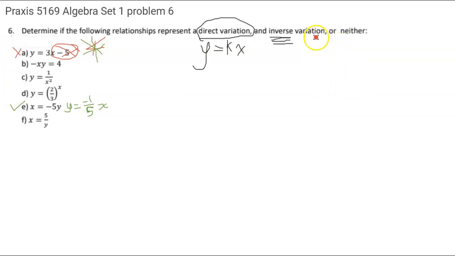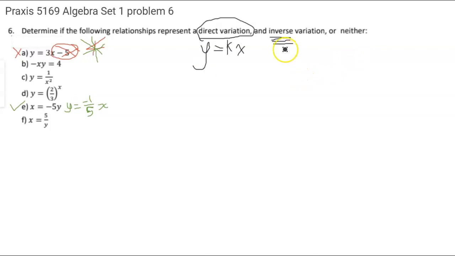Inverse variation, all right? The inverse, the reverse, the backwards, the reciprocal. That's what the word inverse is trying to get across to you. Invert the x. Inverse variation means invert the x.